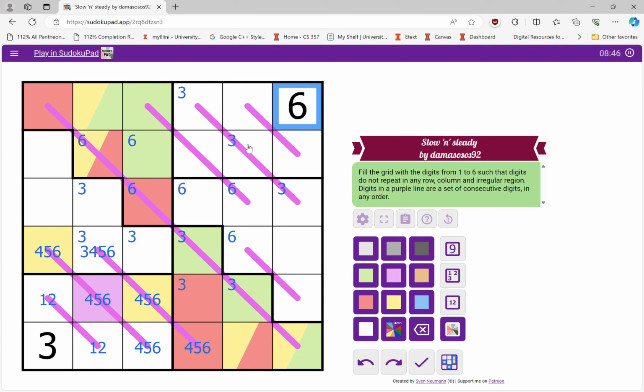Let's see, this 6, one of these 3 does have to be 6. If it's the yellow ones, then we get a 6 here. And, let's see, one of these 2 would be a 6, and this one would be a 6. So we just get that, which I don't think there's an issue with.